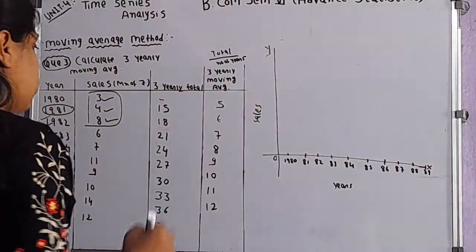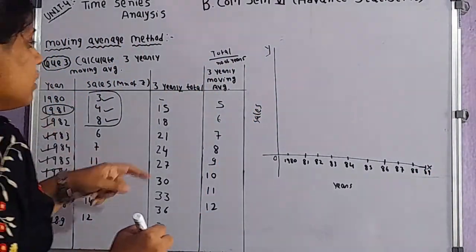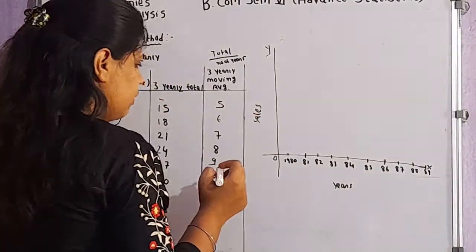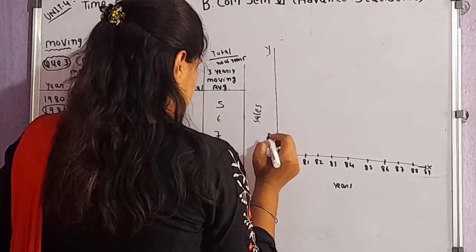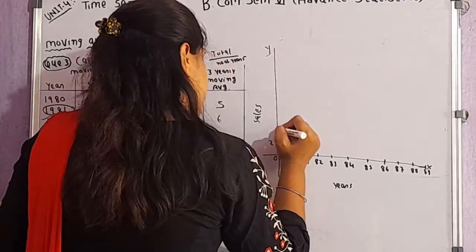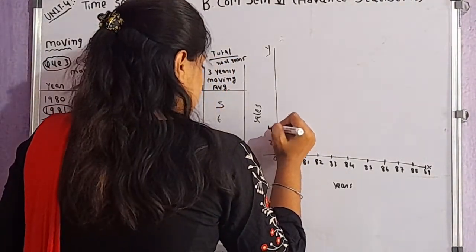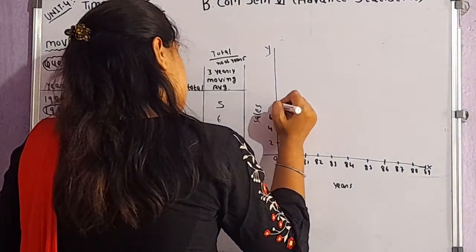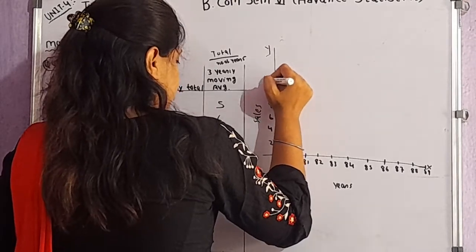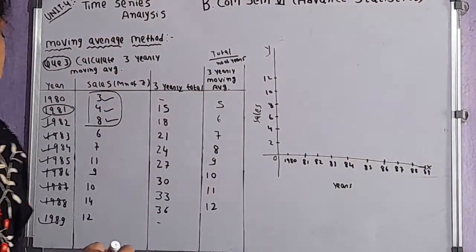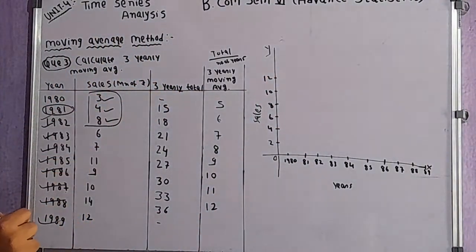On the y-axis we are going to plot the 3 yearly moving average. We're starting with 5, so let's start with 2, 4, 6, 8, 10, 12.